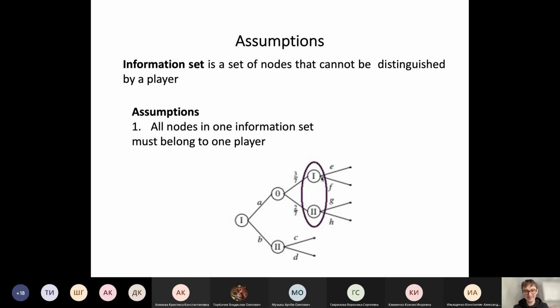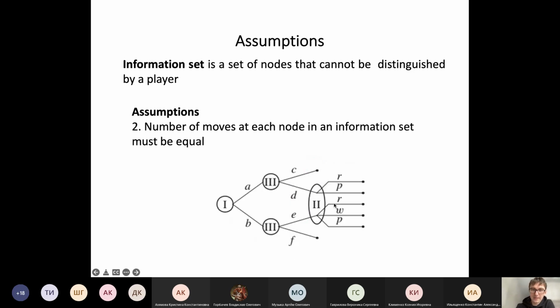Maybe I'm myself and maybe I'm a student in this group, and without being aware of who I am, I need to decide what to do, whether to listen to the lecture or whether to participate in this meeting or not. That would be funny. No, so we assume that this is impossible. The player is aware who he or she is. He or she just cannot distinguish what the previous player did.